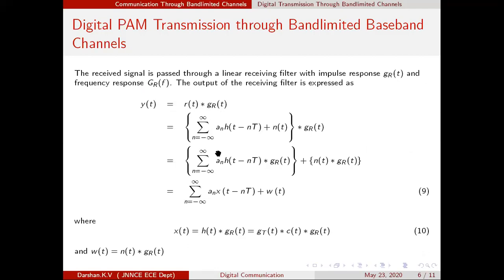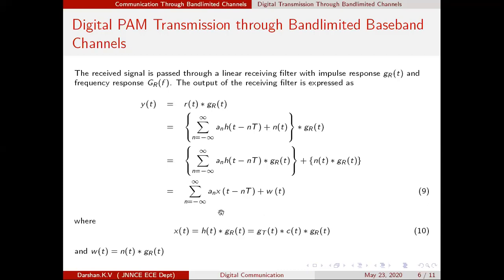If you substitute the expression for R of t, after some mathematical calculations, you will be left with the sum of an x of t minus nT plus w of t. So what is this expression? Equation number 9. Equation number 9 says the output of the receiving filter.